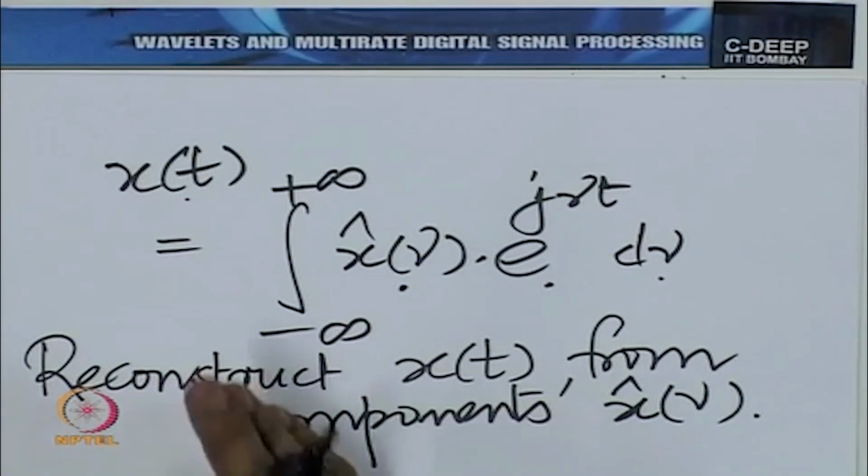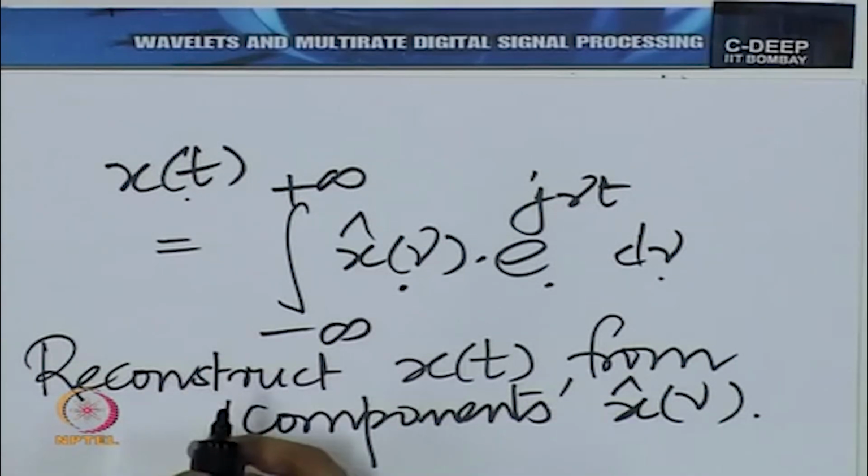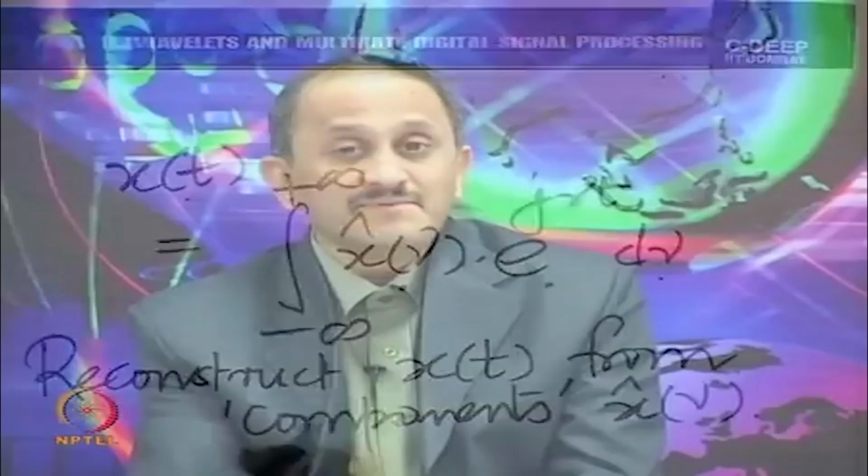The only catch is e raised to the power j nu t is not an L2R function. So, we have to deviate a little bit there from our discussion, but if we choose to ignore that fact, we have essentially taken these coordinates, multiplied them by the corresponding so called functions along each of the coordinates nu and added them to get the function x t.